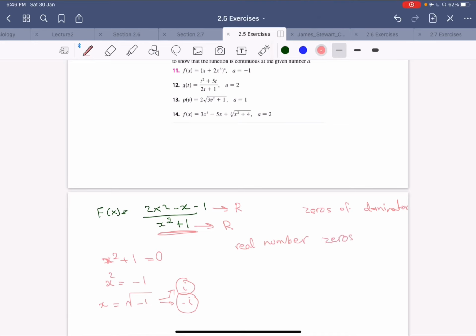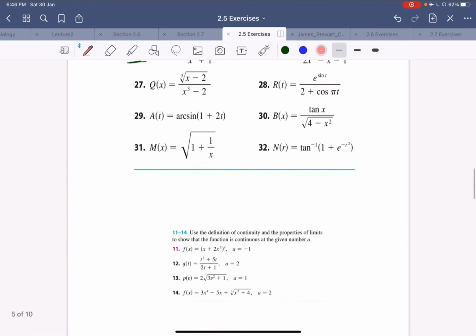So we have checked the zeros of the denominator. Any number we substitute in the denominator will give us a value. So there are no true zeros for the denominator. So the function will be continuous on all real numbers R, from negative infinity to positive infinity. This is for question number 25.